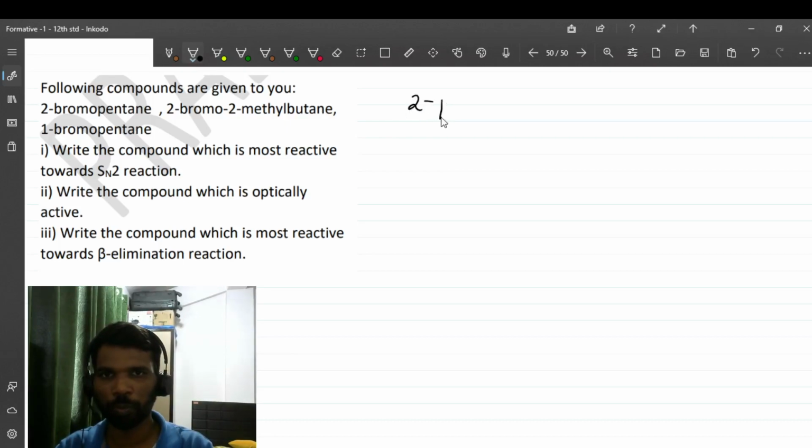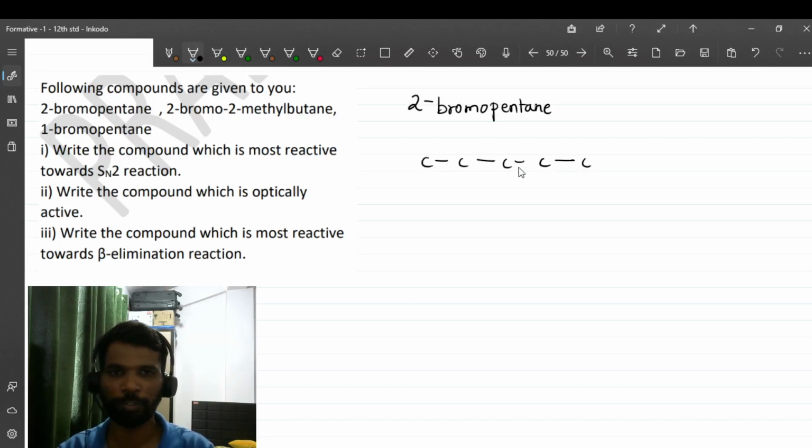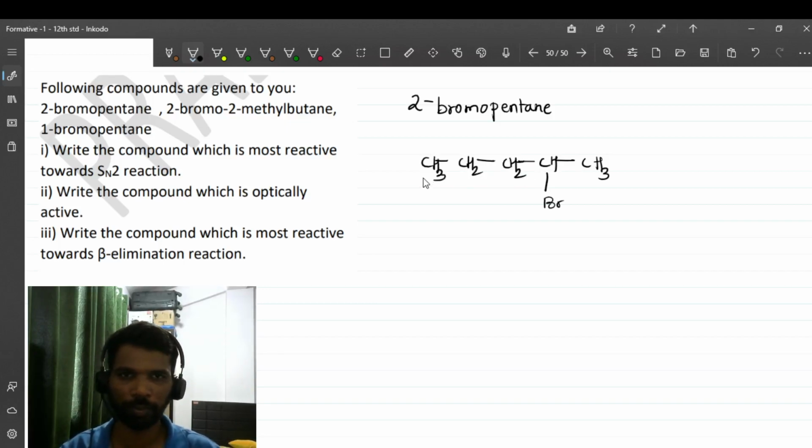First structure is 2-bromopentane. 2-bromopentane is this: 1, 2, 3, 4, and 5. And on the second position, there is a Br connected. So this is CH3, this is hydrogen. This is what 2-bromopentane is.